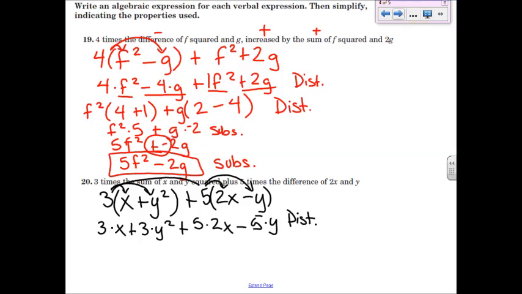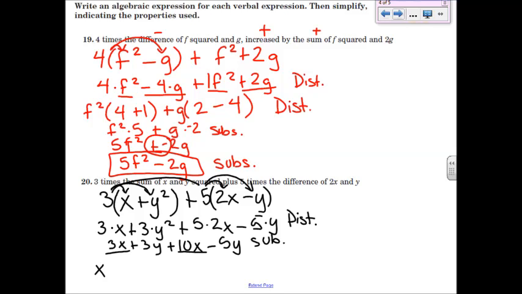So I have 3x plus 3y plus 10x minus 5y. That's substitution, just putting in that 5 times 2 is 10, basically. Well, then I have 3x plus 10x.